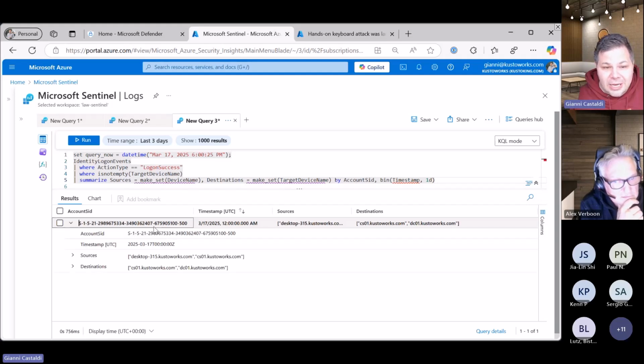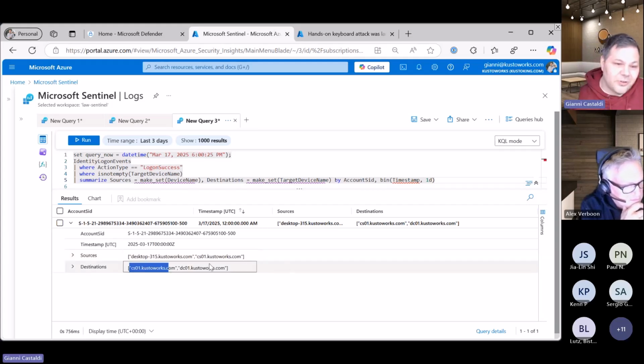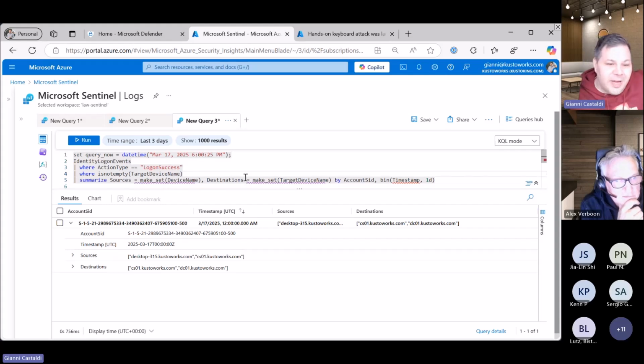So now in the sources, we have the desktop and the certificate server. And in the destinations, we have the certificate server and the domain controller. The next step would be to use an operator to find the overlap between these two.